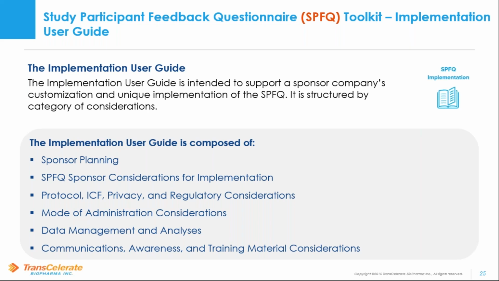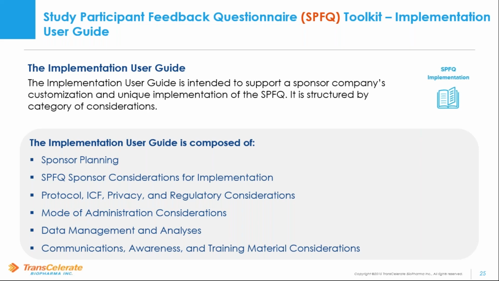What's unique about this is that we realized, as we were talking about developing a questionnaire for patients, that many times our companies, as sponsors, have good intentions of trying something new to get more patient input or make trials a better experience, but we don't always provide the support to our clinical trial teams, our sites, or the CRO partners on how they would be expected to use those materials.